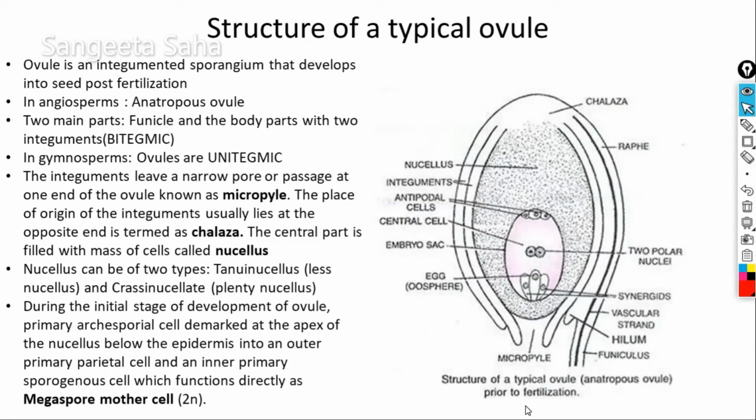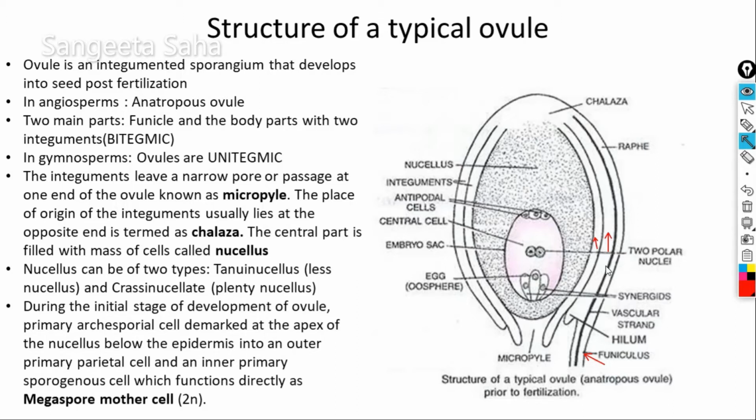Now the structure of a typical ovule. This ovule has two main parts: a stalk-like structure, this one, which is the funicle, and the body part which has two layers, this layer and this layer. These two layers are known as integuments.